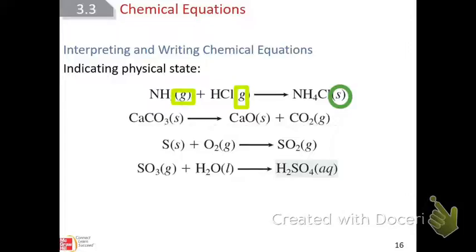This L right here means liquid, and this AQ in parentheses is aqueous, which means it is dissolved in water. It is an aqueous solution. I will expect you to know these symbols and be able to use them appropriately when you're writing equations.